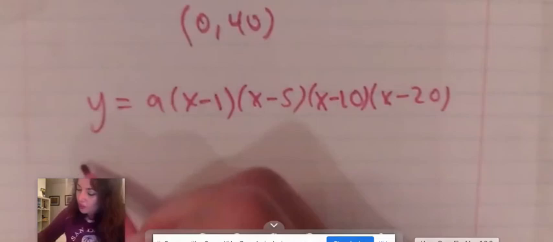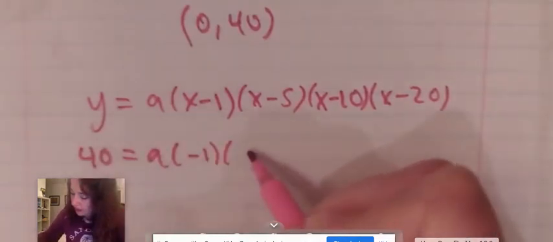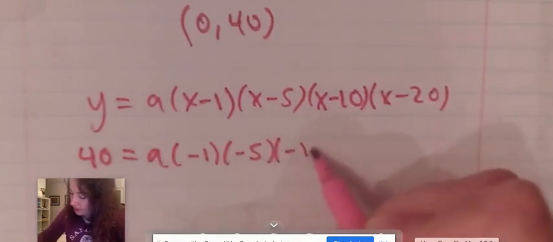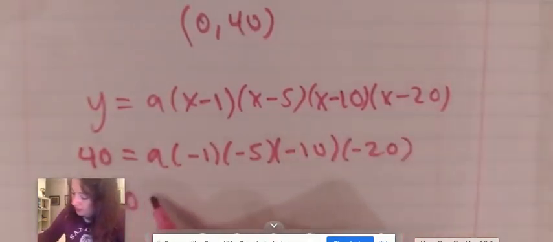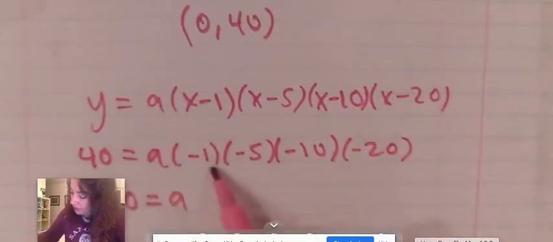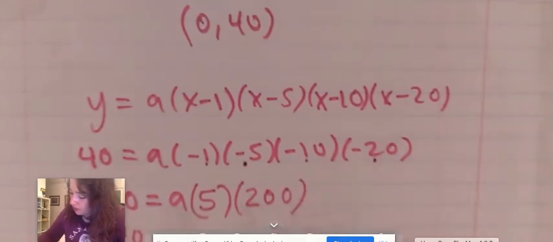Okay, so 40 equals a times -1 times -5 times -10 times -20, because everything here is 0. And multiplying this out, -1 times -5 is 5. And -10 times -20 is 200. So it's 40 equals a times 5 times 200, which is 1,000. Divide by 1,000 on both sides.